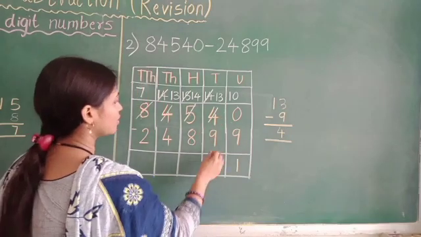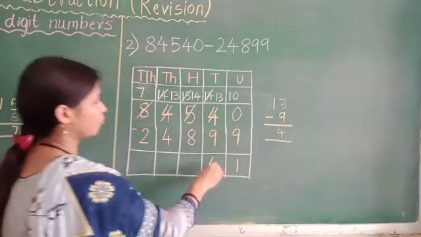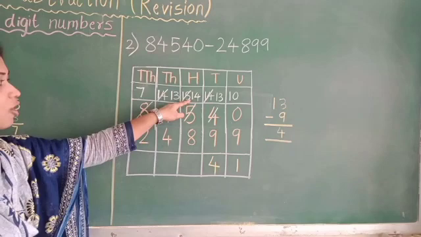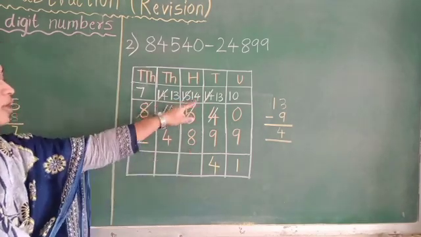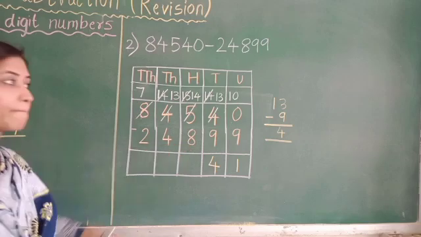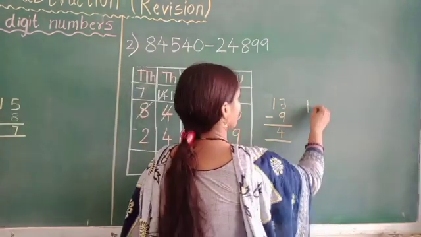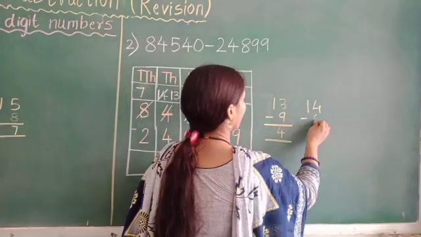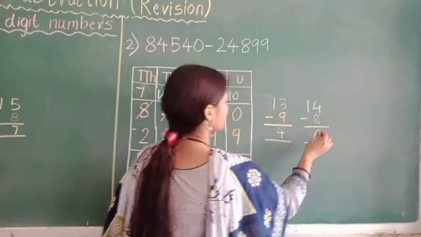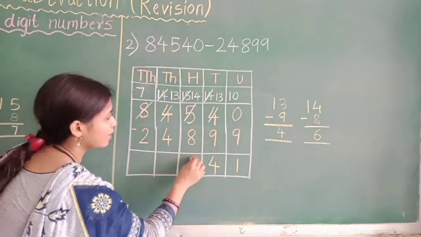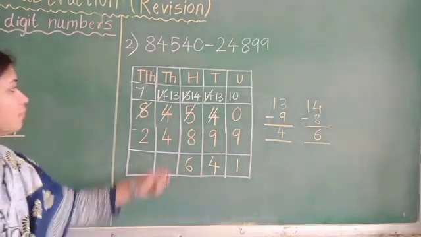So what will come here? 4. Now 14 minus 8. What is 14 minus 8? See. 14 minus 8 is how much? 6. So we will write here 6.